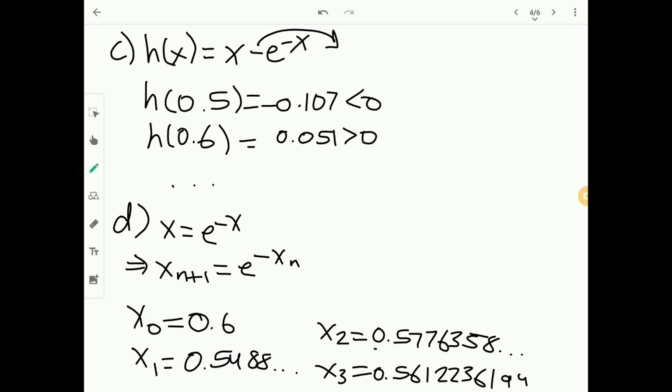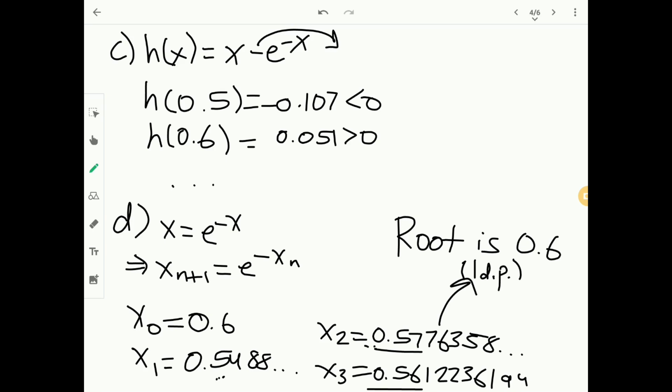As we can see, 0.57 and 0.56 are extremely close values. Why I did not stop at 0.57 is because these two values round to different numbers, right? They want one decimal place, and since they both round to 0.6, our root is again 0.6 to one decimal place. And this is the final answer for part D.